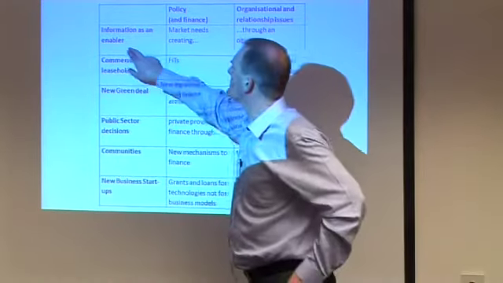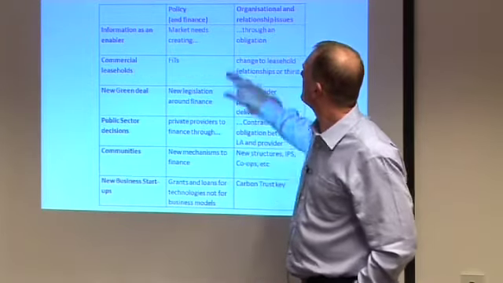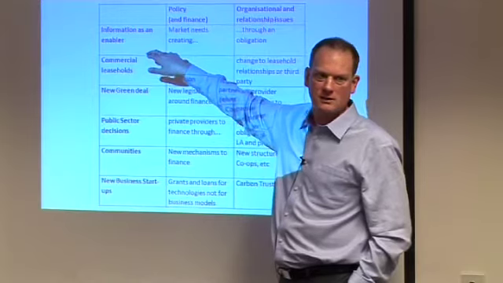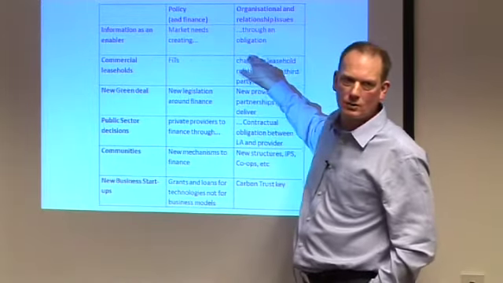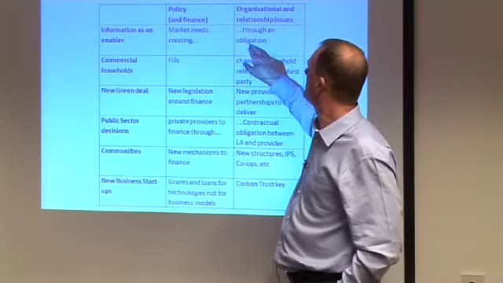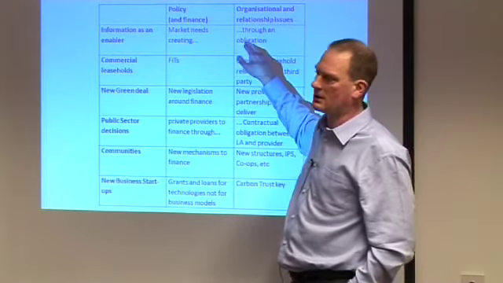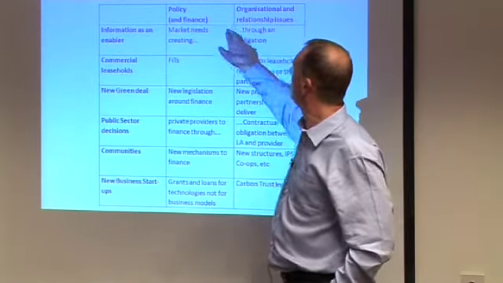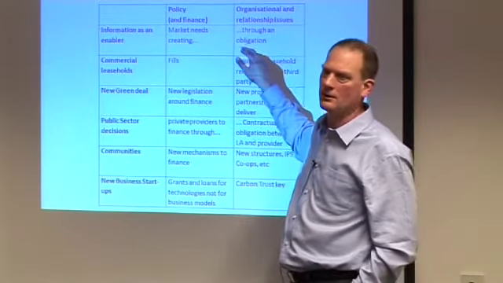So if you take information as an enabler, the smart meters case study, the market quite clearly needs creating, and the way that that's happening is through an obligation on the energy suppliers to install those meters. That's not to say that they will do all the work. It may be that the communications company actually do the delivery, but there has to be a market created and there has to be an obligation to do that market.